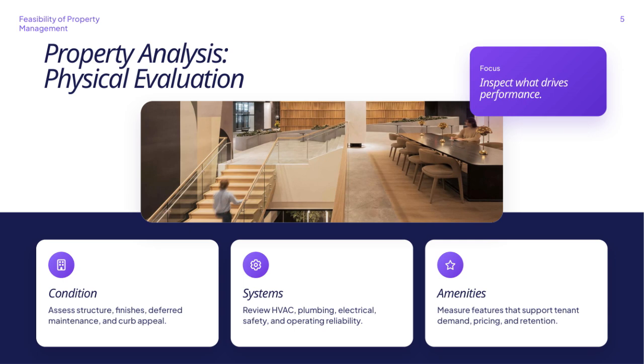Next, we review the key systems, such as HVAC, plumbing, electrical, safety, and their operating reliability. This step helps us identify any issues that could affect functionality or incur unexpected costs. We also evaluate the amenities, which are crucial because they directly support tenant demand, influence pricing, and help with tenant retention. Understanding which features add value is essential.